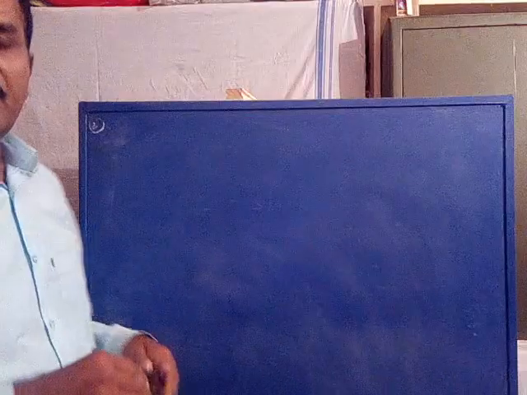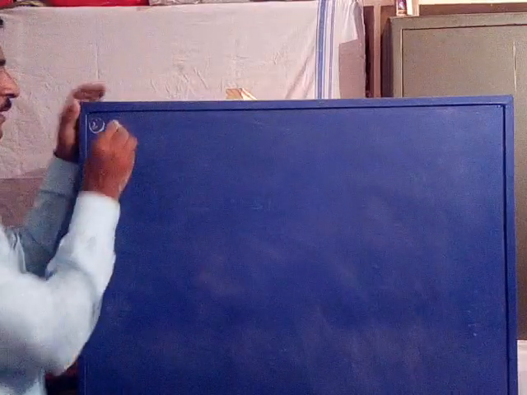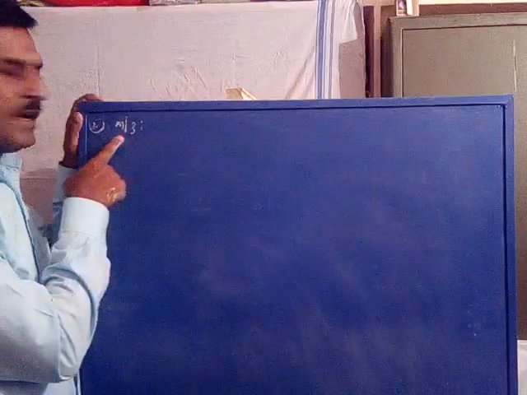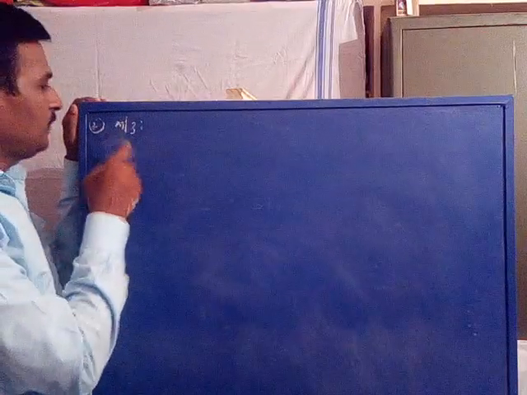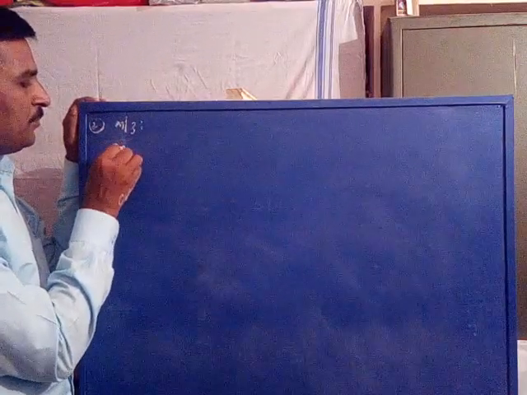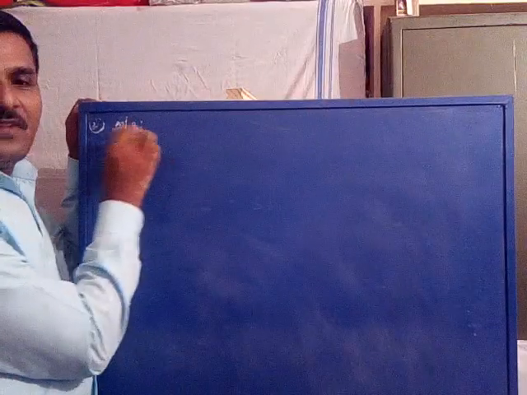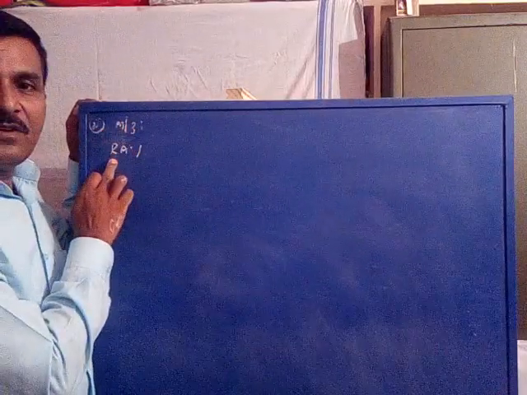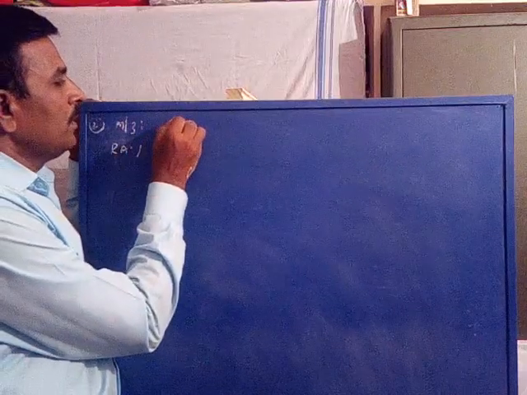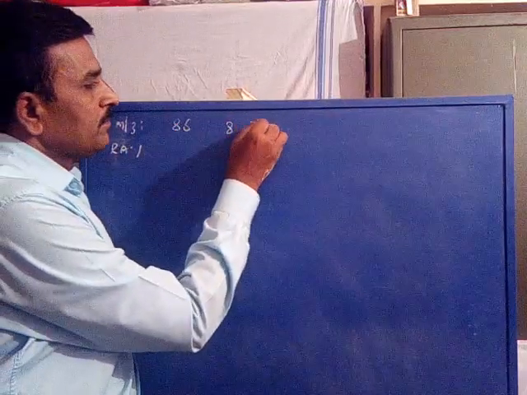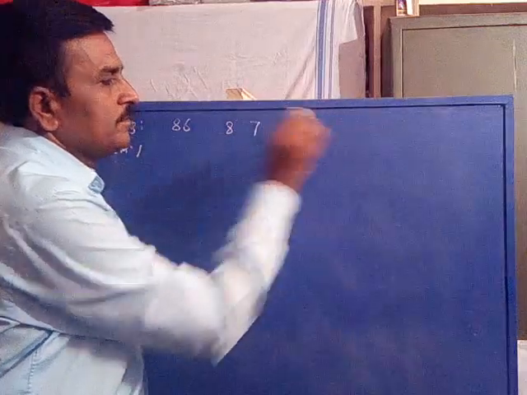Now let us take a second example for the calculation of molecular formula. We have a series of signals at higher m/z values and their relative abundance percentages, for example 86, 87, 88.